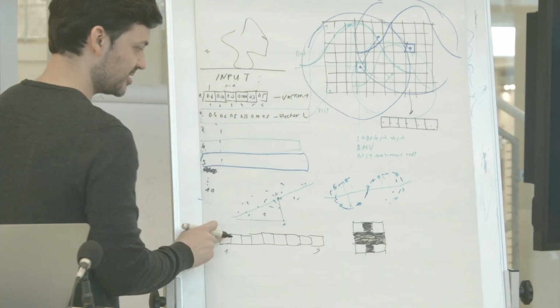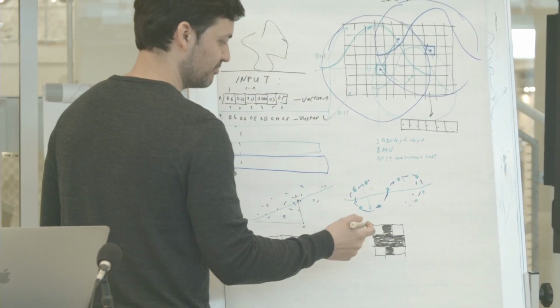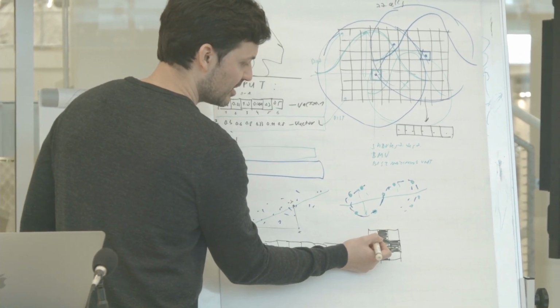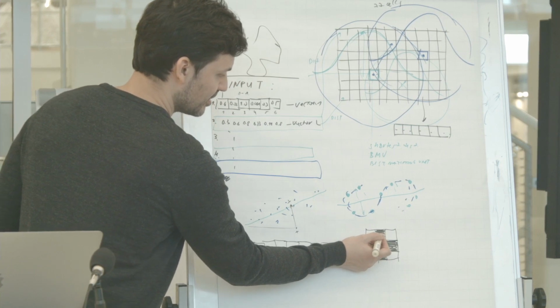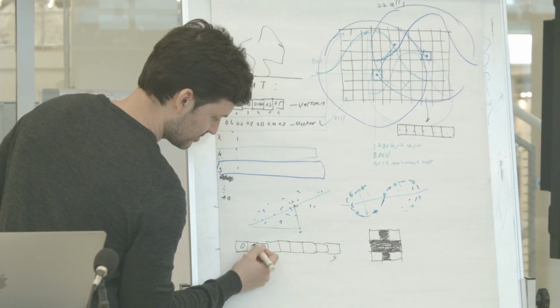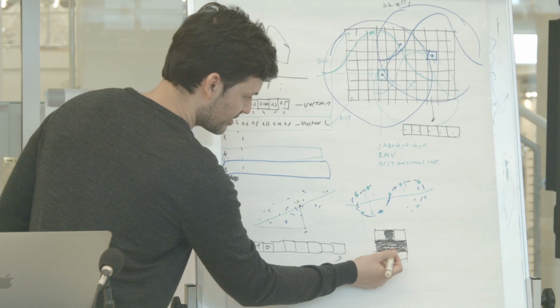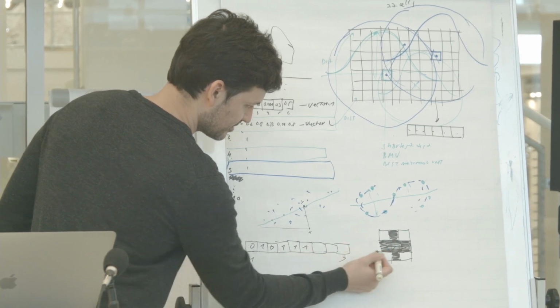So how can you describe this in 9 dimensions? Simply, you can go like this. If it's white, it's 0. If it's black, it's 1. So then this would be 0, 0, 1, 0, 1, 1, 1, 0, 1, 0.